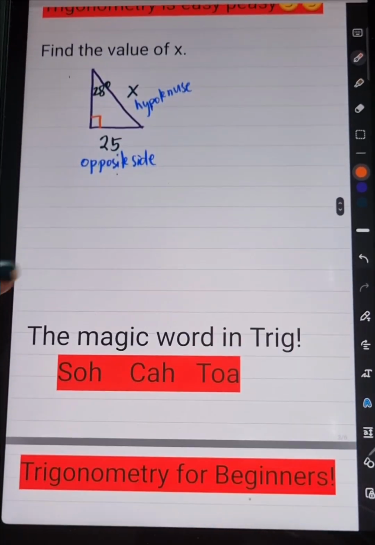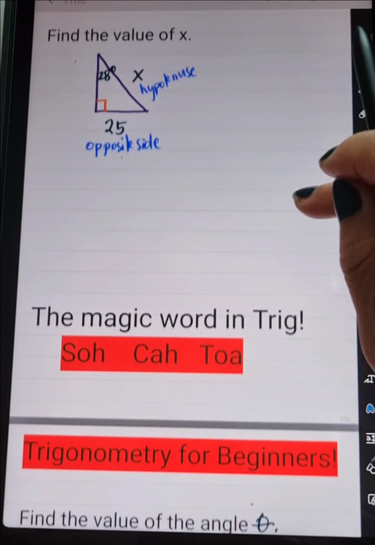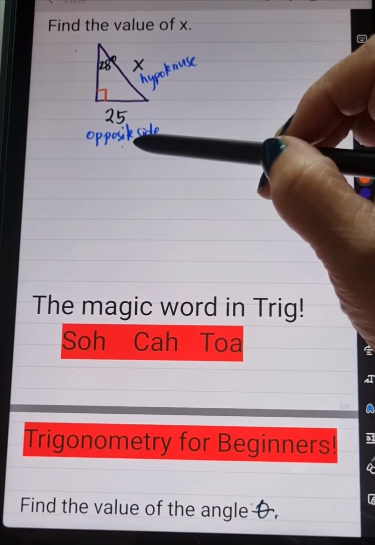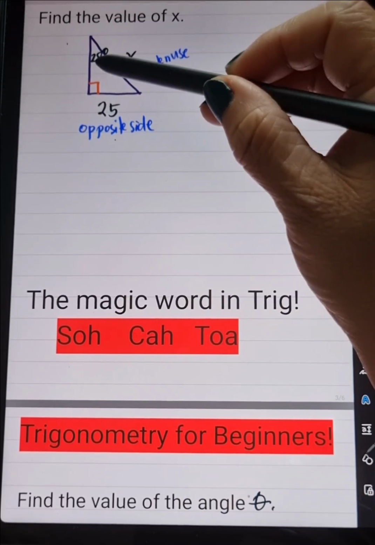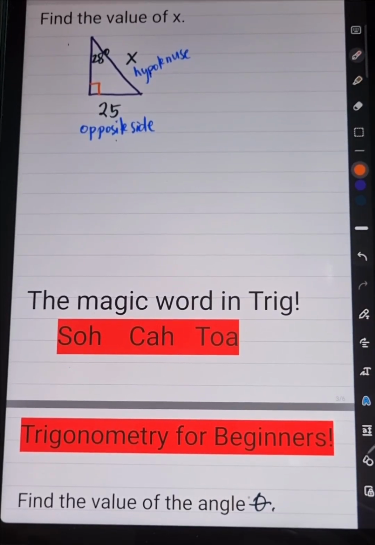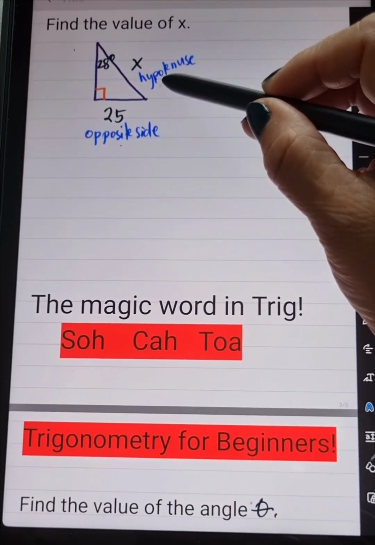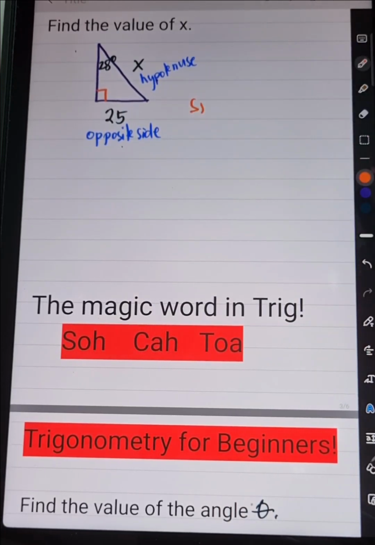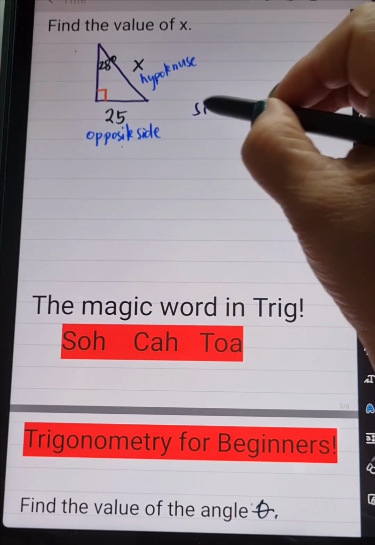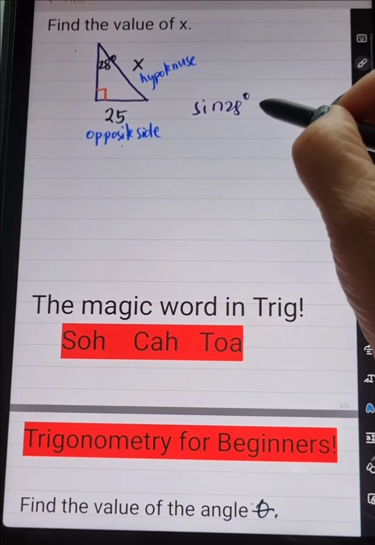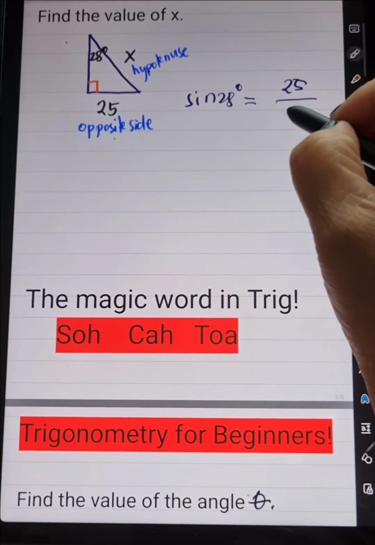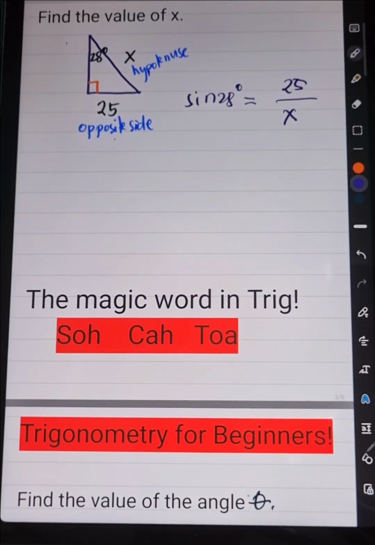So we have here the hypotenuse, which is unknown, and the opposite side given, and the angle theta here. So opposite and hypotenuse, that is the sine function. So we have sine 28 degrees is equal to opposite, which is 25, over hypotenuse, which is x.